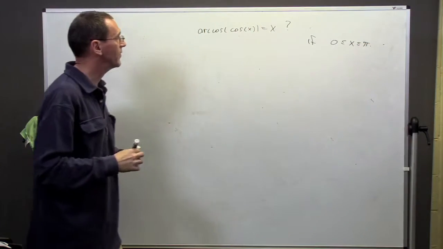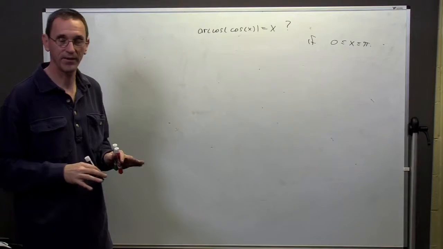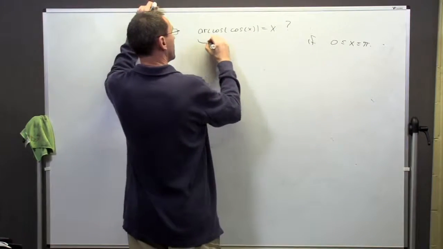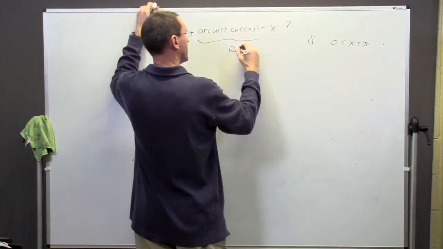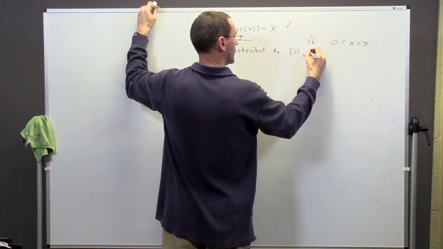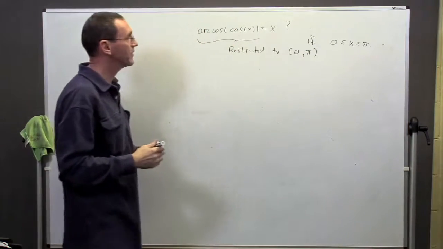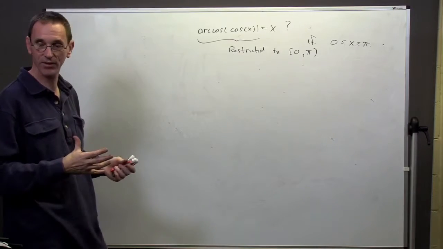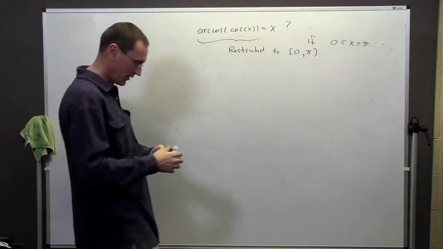If x is between 0 and pi, there's no problem there. By definition, it's going to work, okay? And the thing is, the arc cosine itself is restricted to working with angles between 0 and pi.